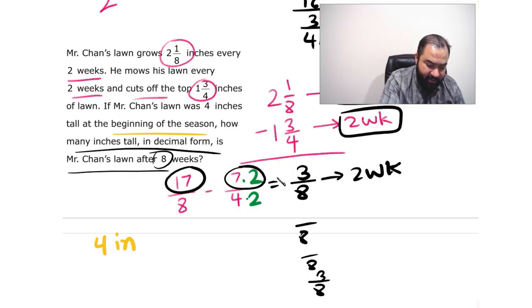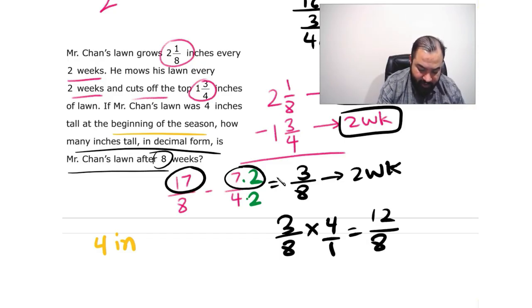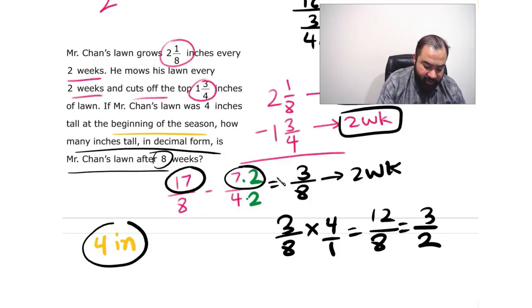So I can just multiply 3/8 by 4 over 1. So that's 12 over 8. That simplifies to what, guys? Divide both by 4, so we get 3 over 2. That's 1.5. So it was already 4 inches from the beginning, remember?